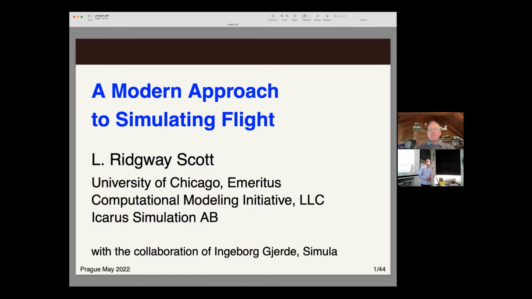He wrote a book about it with Susan Brenner. It's called The Mathematical Theory of Finite Element Methods. It's a great book on the topic, so if you are interested in finite elements, go read it. He even has some elements named after him, Scott-Vogelius elements. So he left a noticeable footprint in this field.